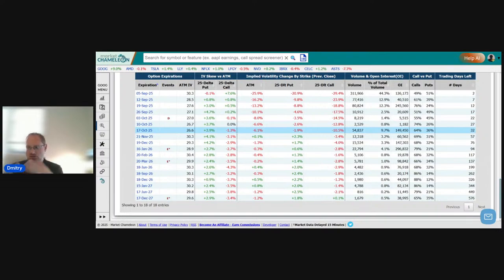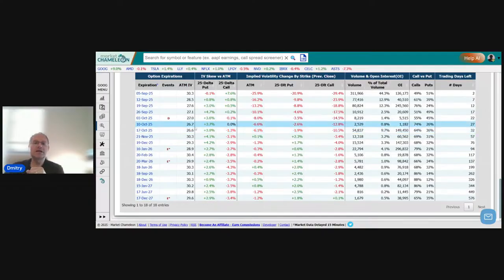And what that does is it looks at where the current stock price is, then looks at the surrounding at-the-money strikes, calculates the implied volatility based on a weighted average formula, and comes up with this at-the-money IV.